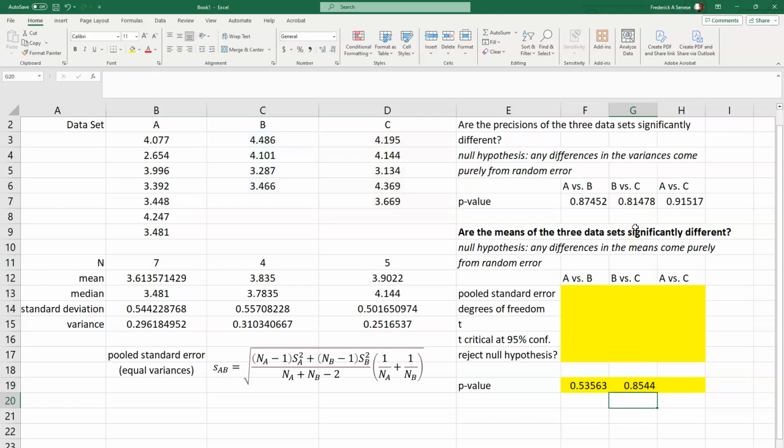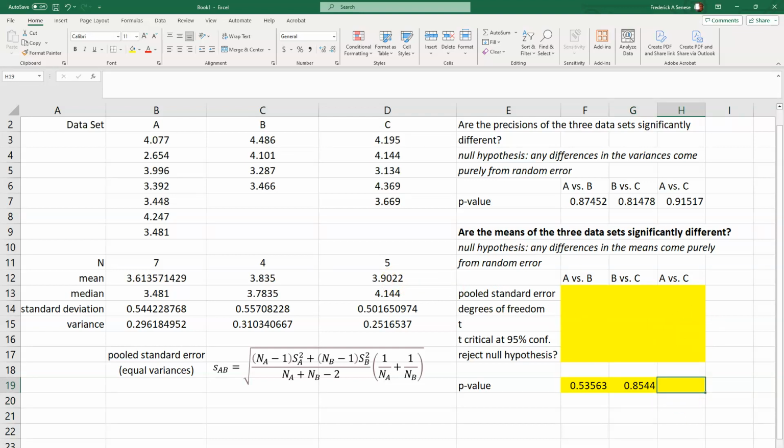Now here there's an 85% chance I'll be wrong if I reject this null hypothesis. And that means I cannot say that there is a significant difference between the means for set B and set C. I cannot say that. I cannot conclude that.